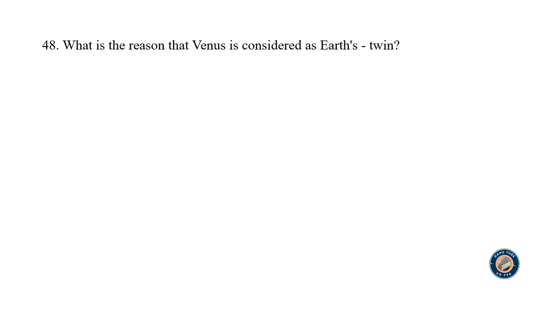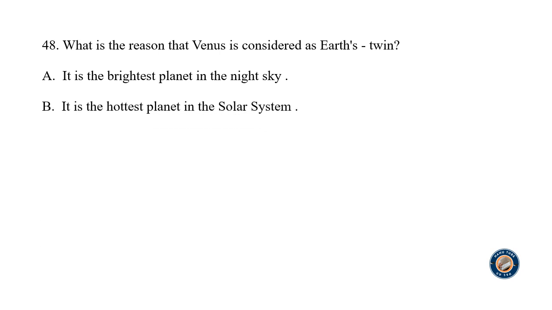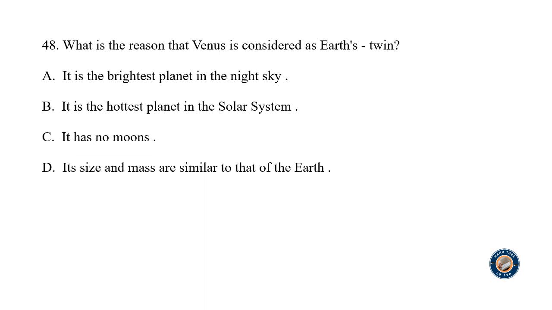Question number 48. What is the reason that Venus is considered as Earth's twin? A. It is the brightest planet in the night sky. B. It is the hottest planet in the solar system. C. It has no moons. D. Its size and mass are similar to that of the Earth.